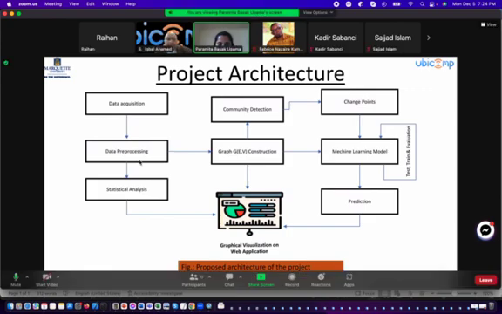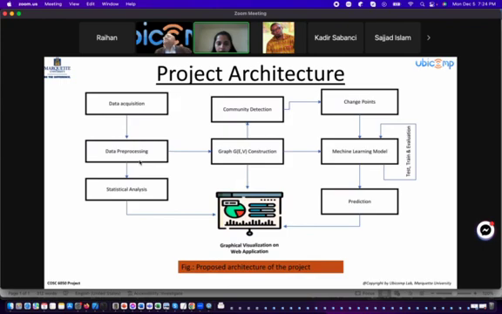So in data acquisition, we are currently using synthetic data that is based on real data, and in our ideal model we will deploy some sensors and wireless technology that capture the data and transfer it to our server.